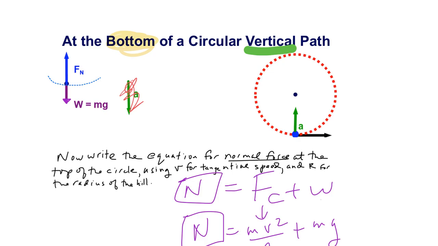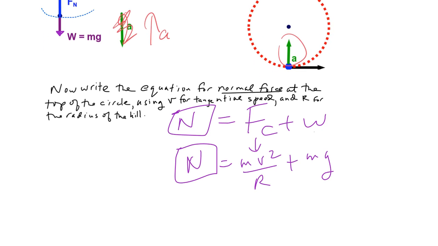So acceleration is upward towards the center of the circle, as is shown right there. So the net force has to be upward. And so, actually, I'm deriving that equation that I already have there. How did I get it?